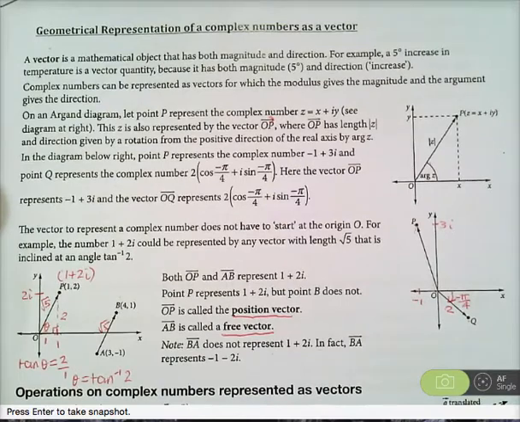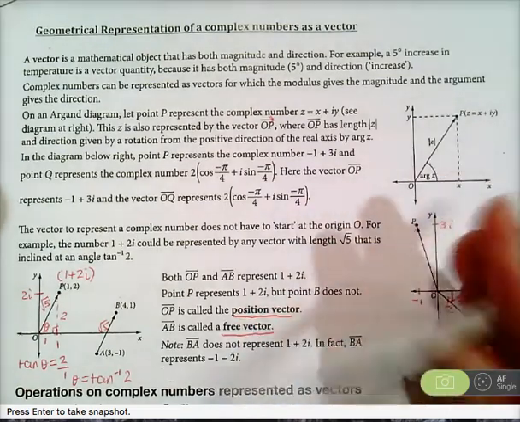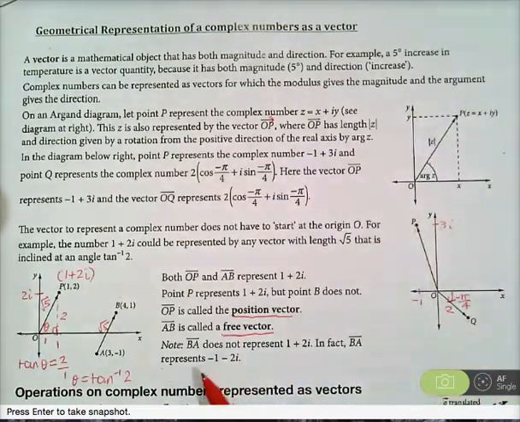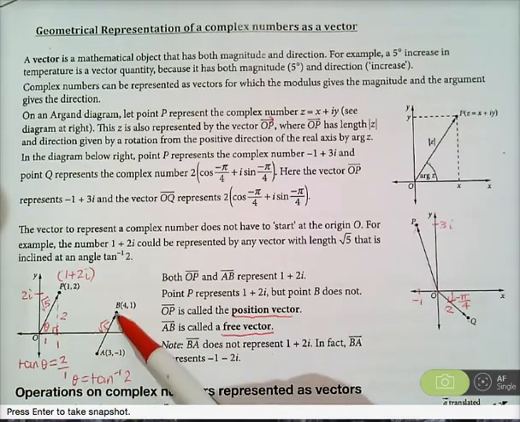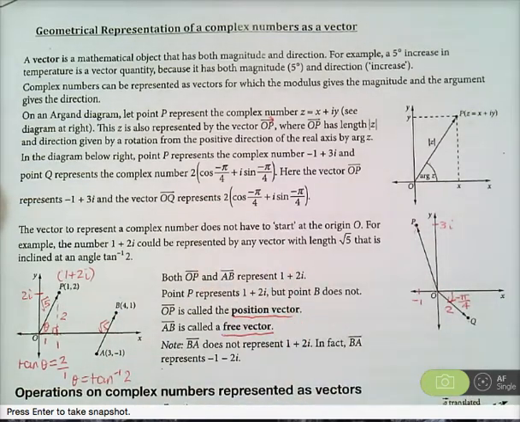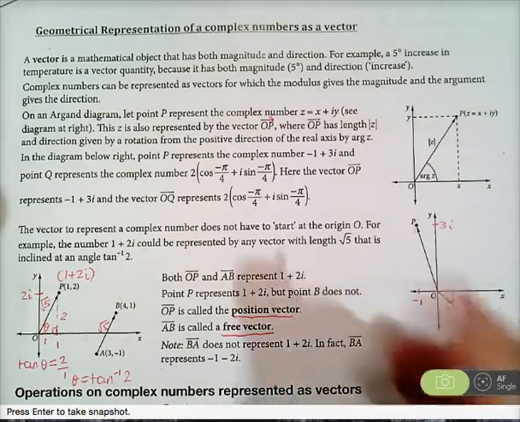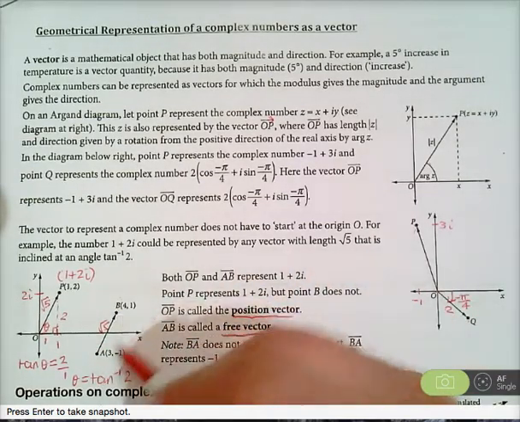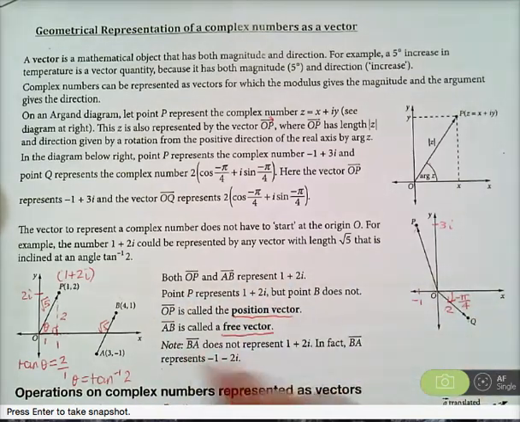Now, when we draw up our parallelograms, when we're adding vectors, we move one of the vectors to form the parallelogram, and that then becomes the free vector once it gets moved, okay? Now notice that AB is different to BA, because AB and BA with vectors are the reverse of each other.